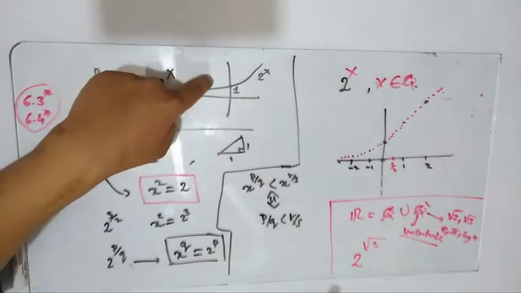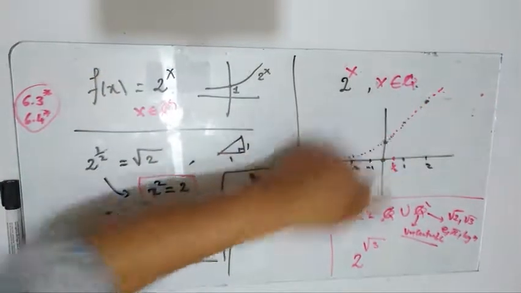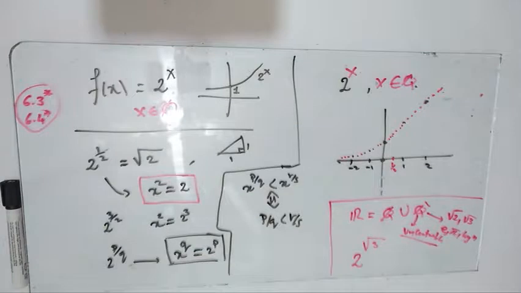Why something like that? We want to fill all these gaps with points such that we get a nice function. So what is a nice function? A nice function is very wide.